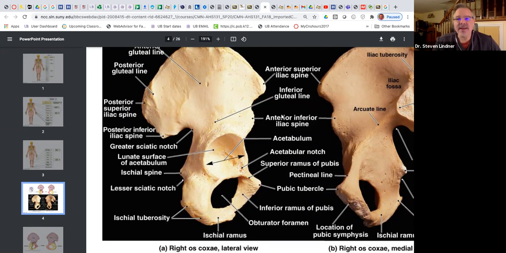On the AIIS, the anterior inferior iliac spine, there's another muscle that originates here. It's one of the 4 quadricep muscles. Now your quads, or the quadriceps, are on the front of the thigh. And there are 4 of them. 3 of them have the word vastus in it, like vastus lateralis, vastus intermedius, vastus medialis.